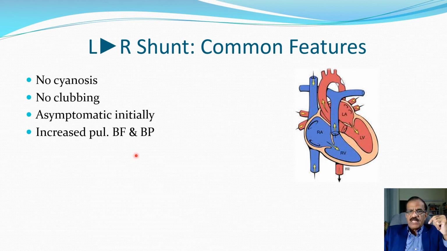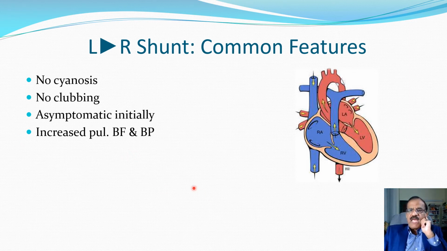The blood coming from the peripheries, from the legs, arms and brain, also passes through the lungs, but part of the blood which was supposed to go from the left atrium to the left ventricle and then to the aorta is shunted to the right, so pulmonary circulation is increased.